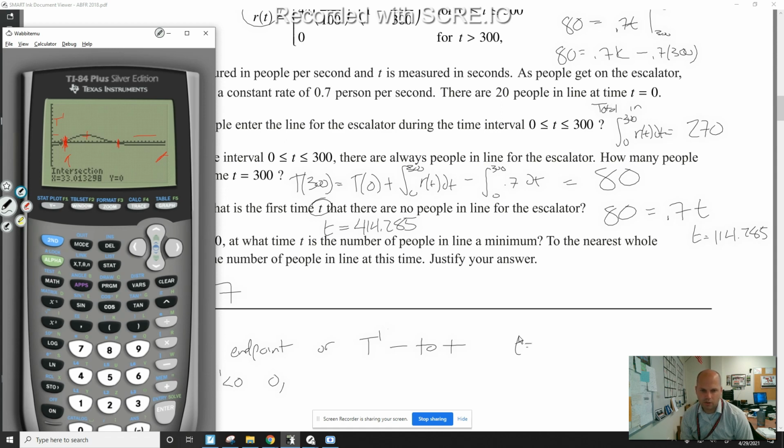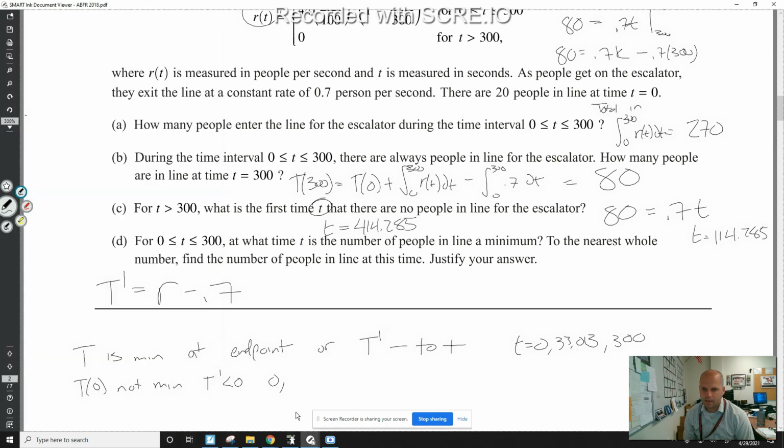So you could even write the candidates here, 33.013 and then 300. And you say T of 0 is not the min because T prime is negative from 0 to 33.013. But is that necessary when you know there's 20 people in line at T equals 0? I don't know.